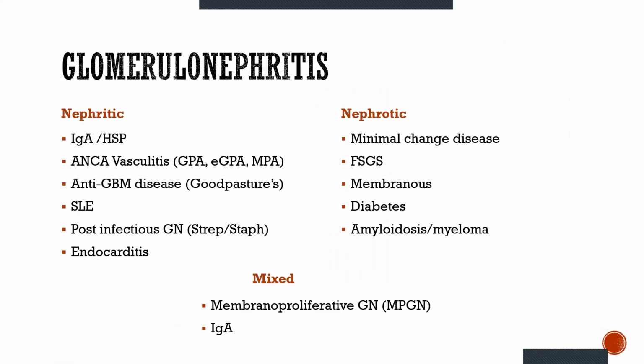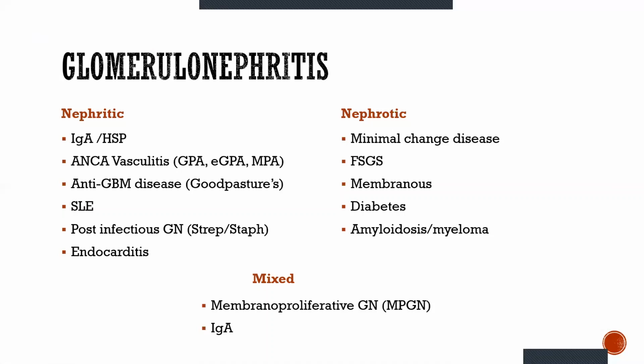Next slide, please. So just going through our categories again, these are some of the causes of nephritic and nephrotic syndrome, and there can be some overlap as well. So for nephritic, we're thinking things like IgA nephropathy, which I'll talk about, which is along a continuum with Henoch-Schönlein purpura as well.